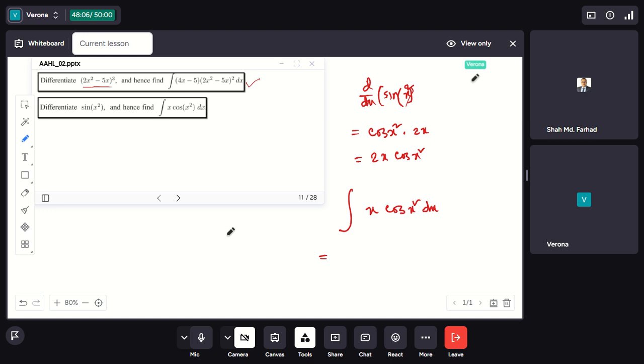Since we don't have 2 here, it will be 1 over 2 and then sine x square plus c. Good. Okay, note it down.